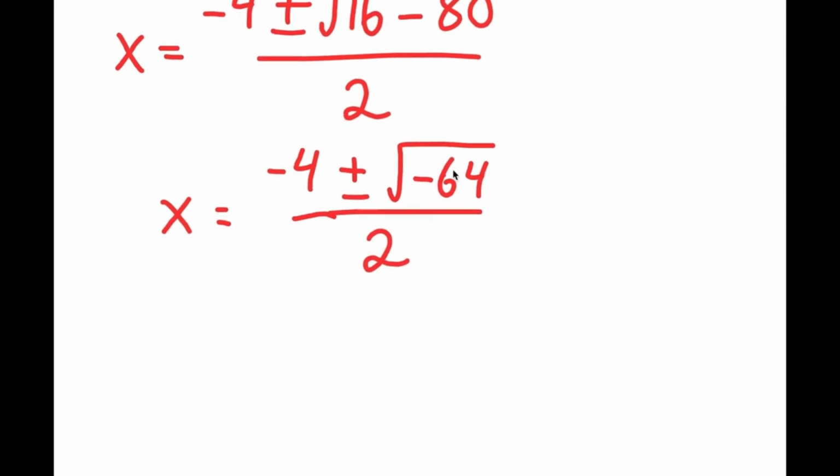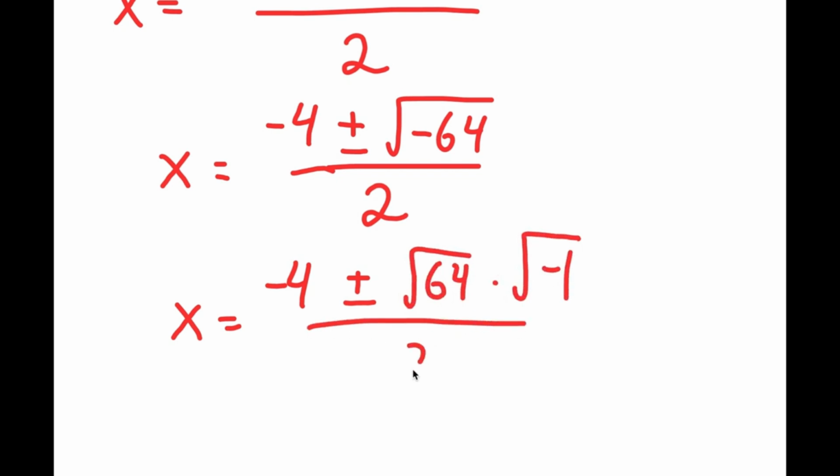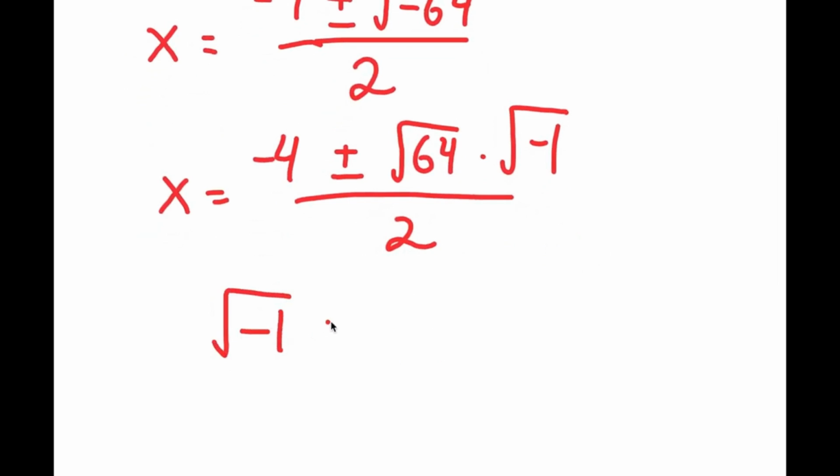And from here, notice how we have the square root of a negative number. And most people would think that this is not possible to do, but what we can do is rewrite this as negative 4 plus or minus the square root of 64 times the square root of negative 1. And if you guys didn't already know, the square root of negative 1 is equal to the imaginary number i.